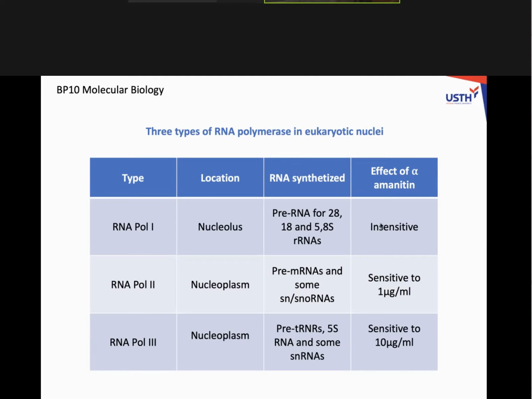For example, pol1 is not completely affected by this drug, and there are different doses that can affect the sensitivity of pol2 and pol3. So it's just to show you that using drugs is very common in this type of research, because when you use alpha-amanitin at different concentrations, you can separate the transcriptional activity between pol2 and pol3 and so on. It's something that has been very frequently used.